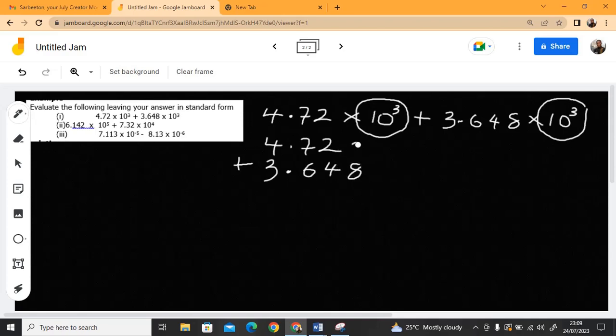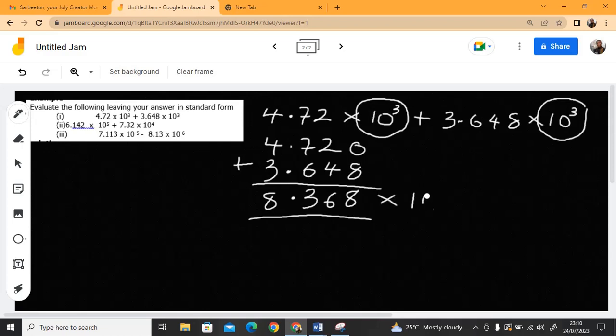Since this place is empty, you put 0 there. So addition: 0 plus 8 is 8, 2 plus 4 is 6, 7 plus 6 is 13, you keep 1, right? 4 plus 3 is 7, plus 1 is 8.